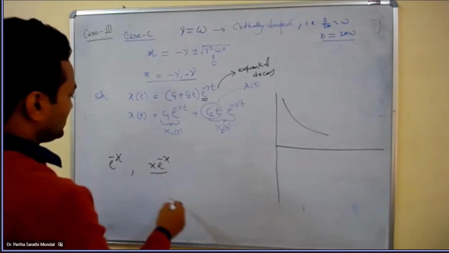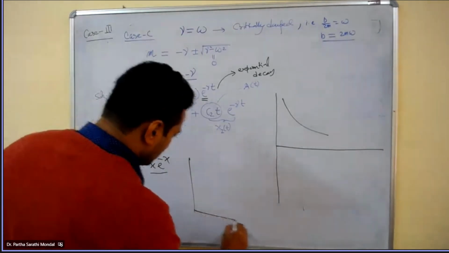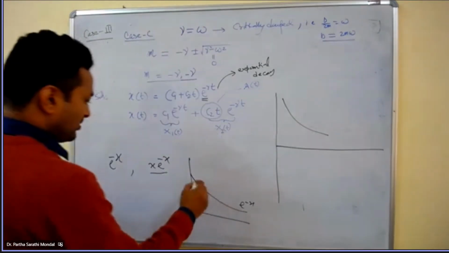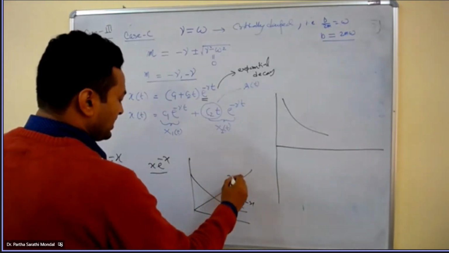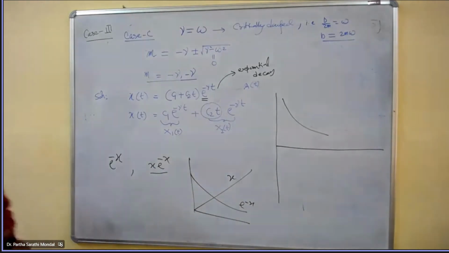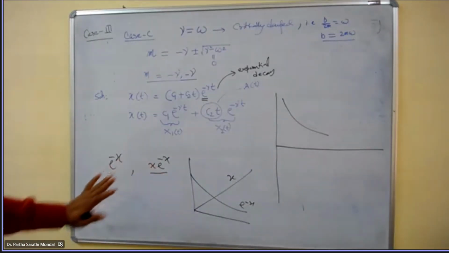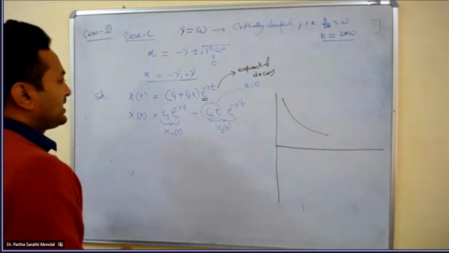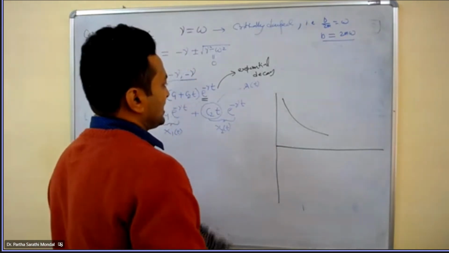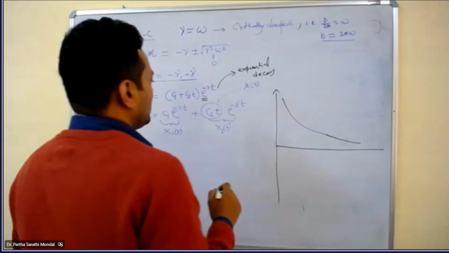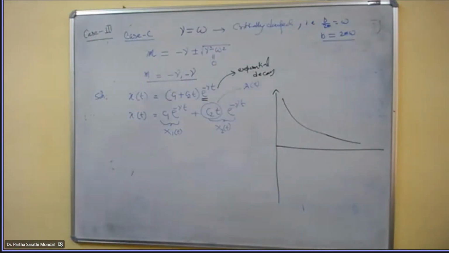So you have a function like this, e to the power minus x, and now you have a function like this, x. If I multiply them, how it will look like, it's very difficult to say without using any software. Now it is an exponential decreasing function, so it will look like this. Above that, I cannot say without the help of any plotting software.